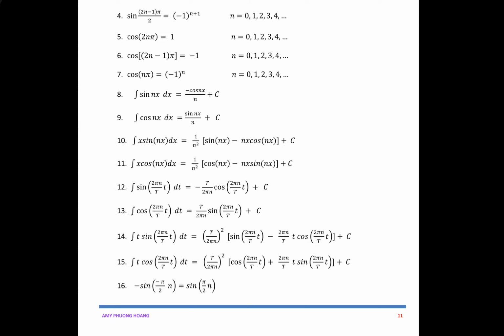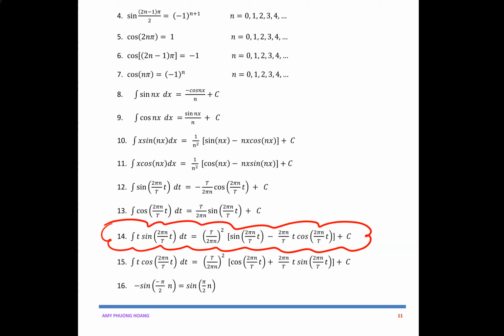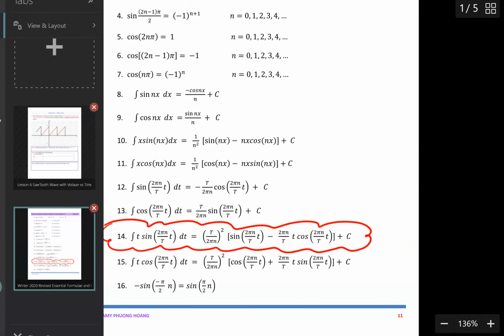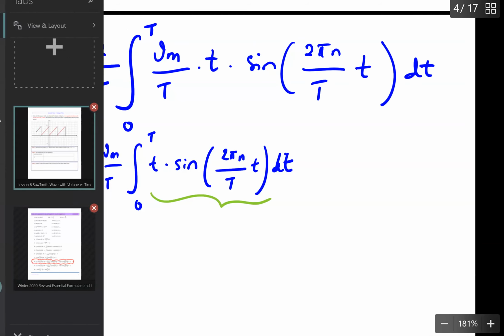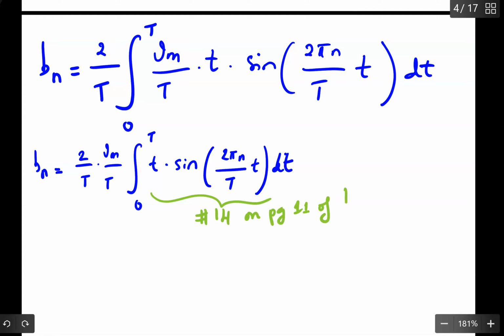We are integrating using the definite integral in this case, so you don't have to worry about the c, but you have to evaluate from the upper limit, subtract the lower limit, and apply the fundamental theorem of calculus. So here I am going to replace it by formula number 14 on page 11.